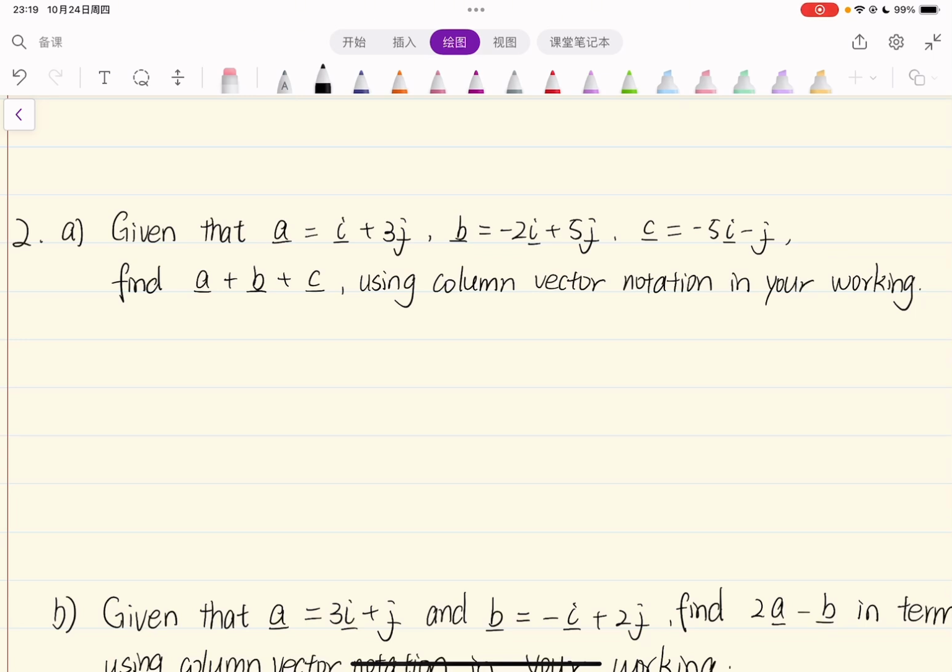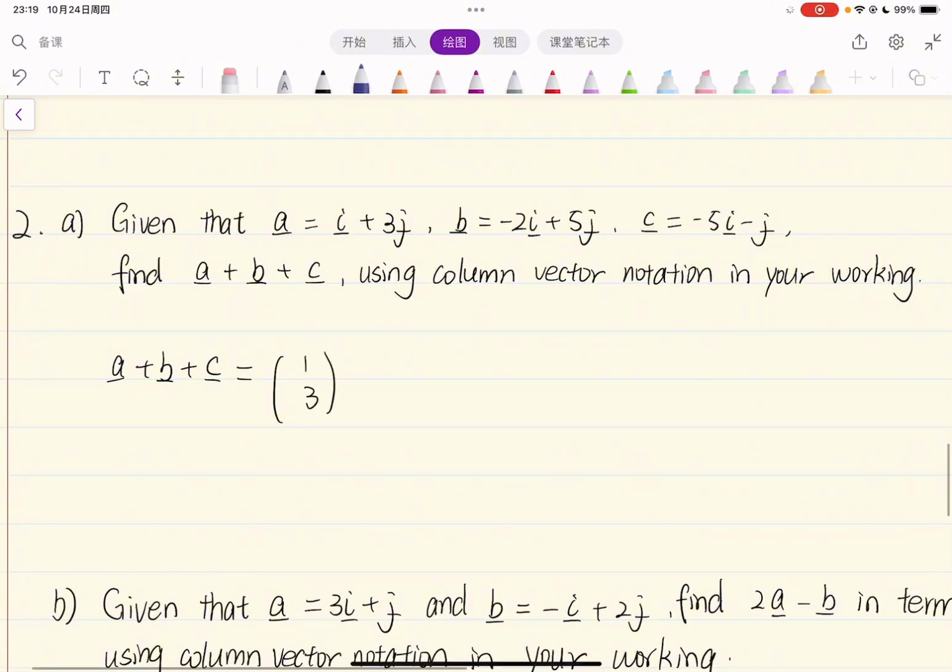Now let's write down a plus b plus c, that equals (1, 3). We only see the scalar in front of i and j. And for b, we have negative 2 and 5.